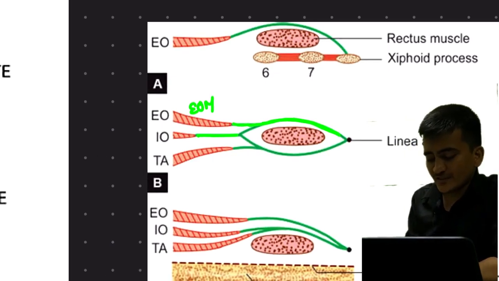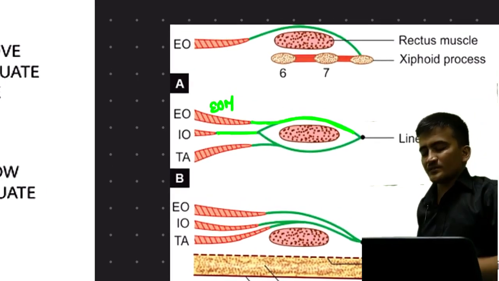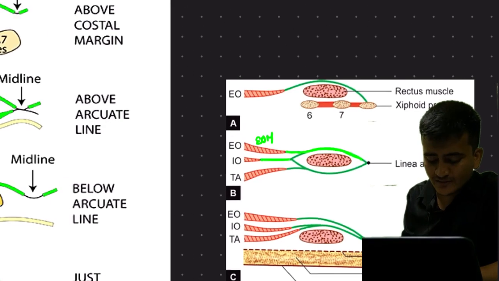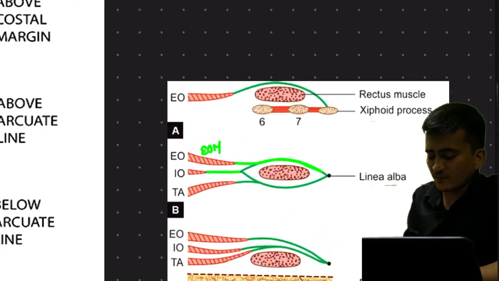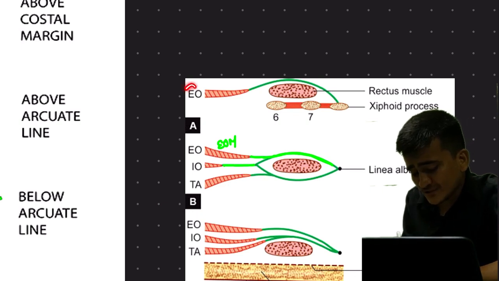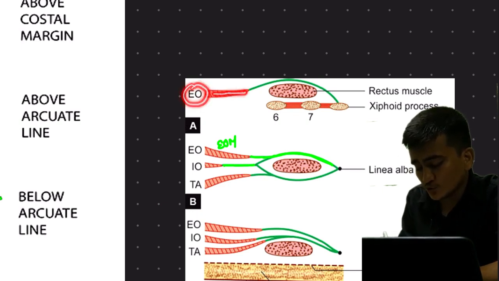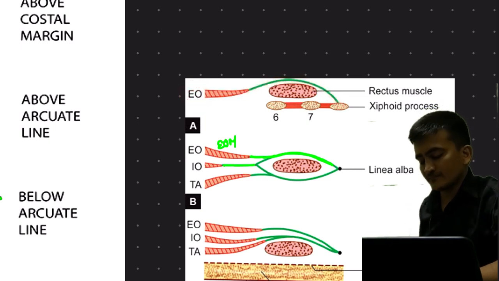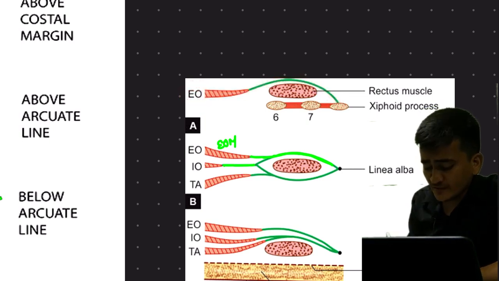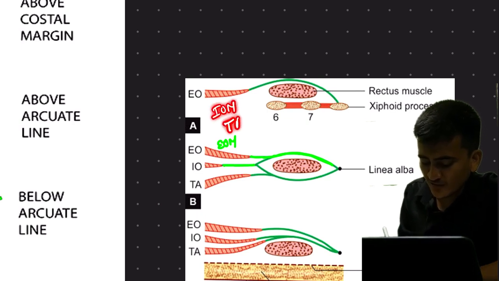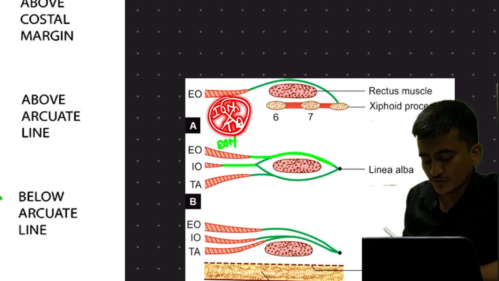Okay, now this was about the region in the umbilical region. Now what about the region above the costal margin? Above the costal margin, only the external oblique muscle will contribute to the anterior boundary, right, and posteriorly there won't be internal oblique muscle and there won't be transversus abdominis, there won't be these two structures.